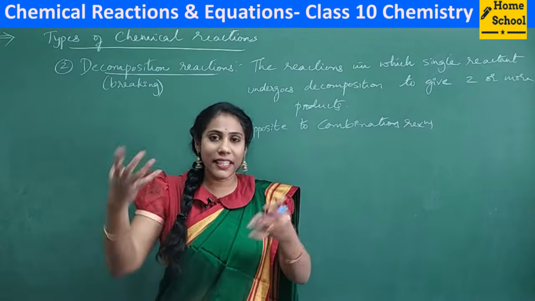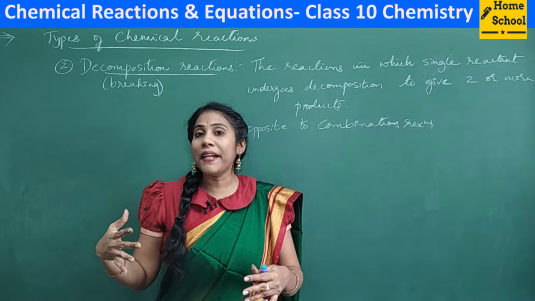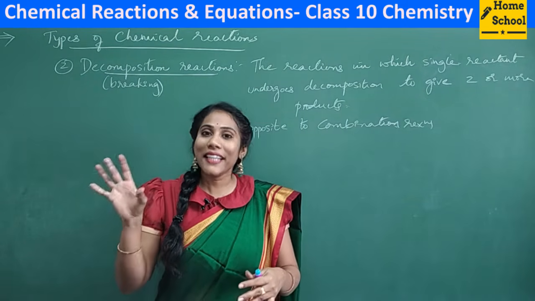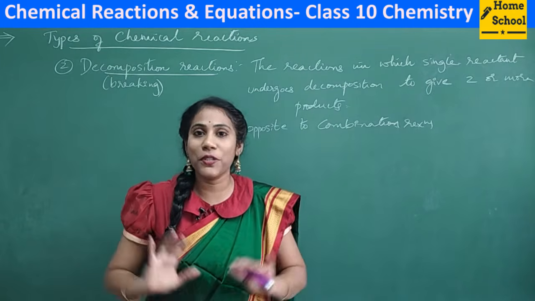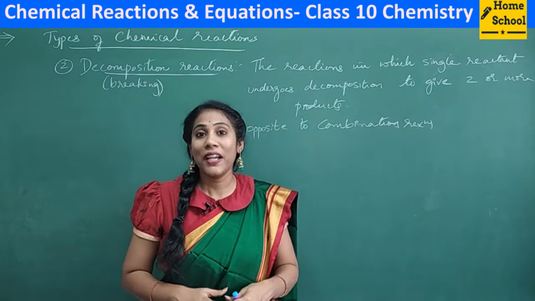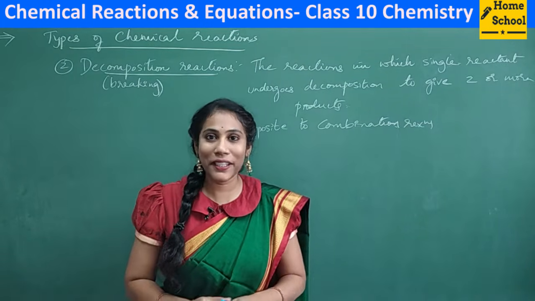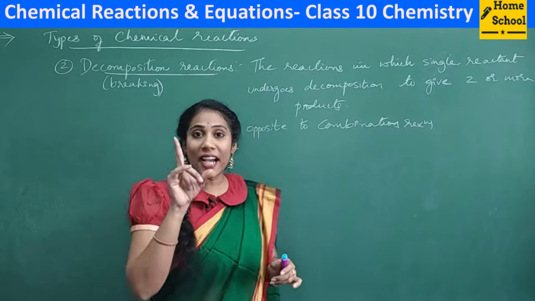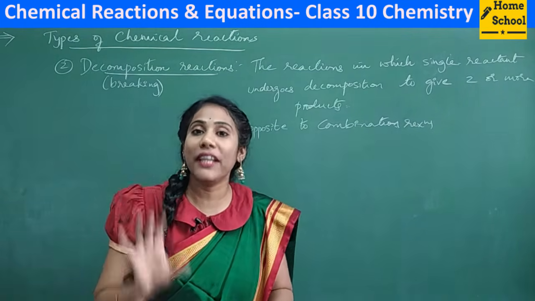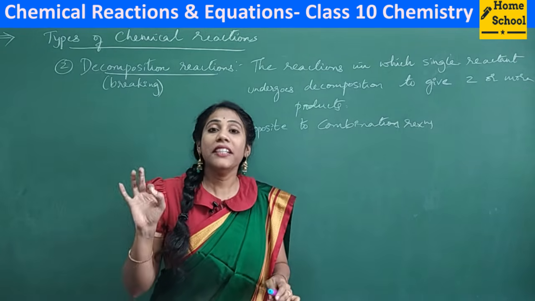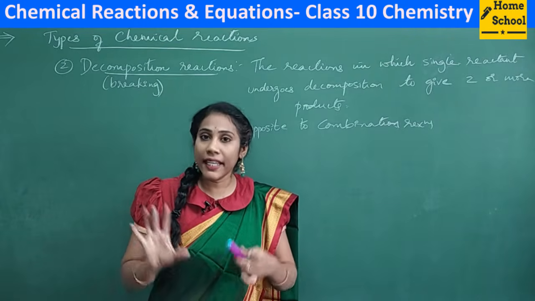When you heat, the reactant may break into products, or the energy can be supplied in the form of sunlight. There are some reactants that, when you focus some sunlight, undergo breakage to give many products. And energy can also be supplied in the form of electricity. So remember, decomposition of a reactant always takes place with the help of energy. And here energy is supplied in the form of heating, sunlight or electricity.